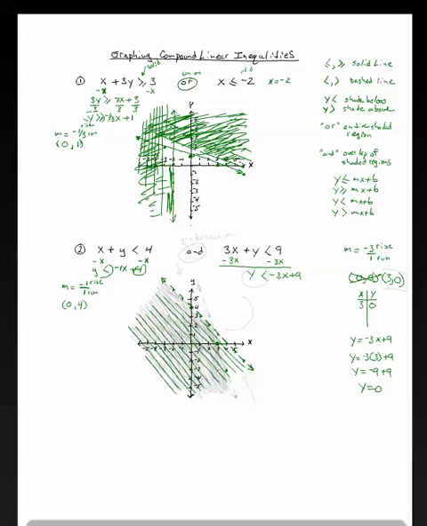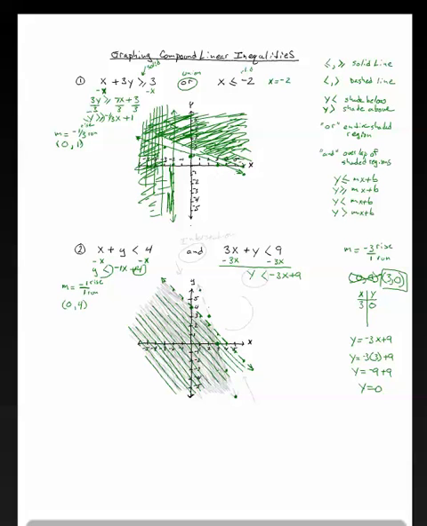And then I can do it again. 1, 2, 3, over 1, put my point. Now I'm going to do the same thing in reverse. So I start at the point 3, 0 again, but instead of going down 3 and to the right 1, I'm going to go up 3, 1, 2, 3, and to the left 1. And then up 3, 1, 2, 3, and to the left 1.